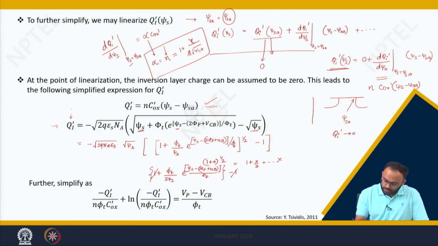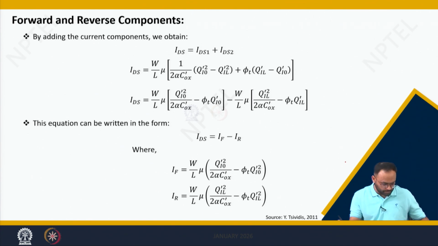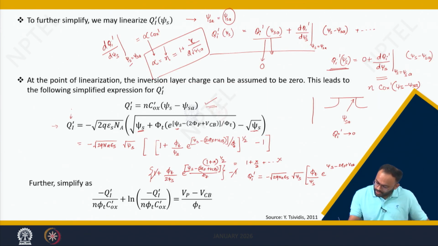So this plus 1 and minus 1 get cancelled, and ultimately you will get an equation which relates the inversion charge and the surface potential linearly as minus of 2 q Na epsilon s times root psi s, in brackets phi t divided by psi s into e to the power of (psi s minus 2 phi f plus Vcb) divided by phi t.